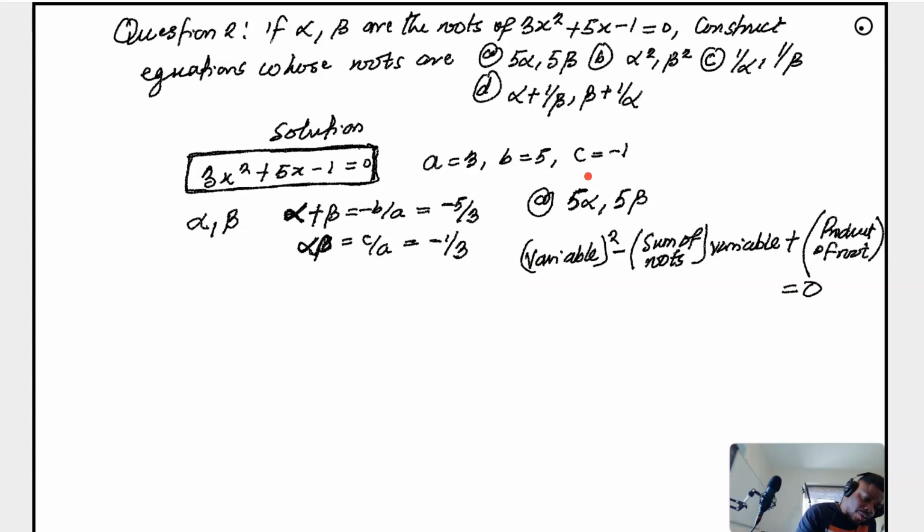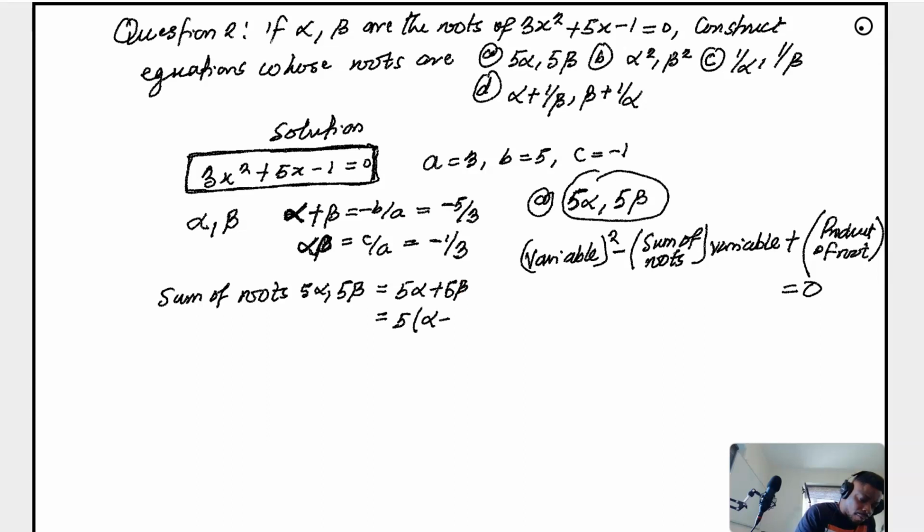But let's get the sum and product of this first. So let's put it here. Sum of roots, root alpha comma root beta. What is the sum? That is 5 alpha plus 5 beta. So this is 5 times alpha plus beta.